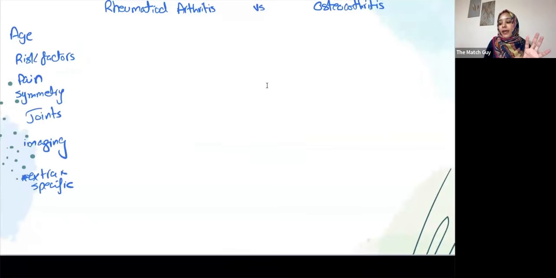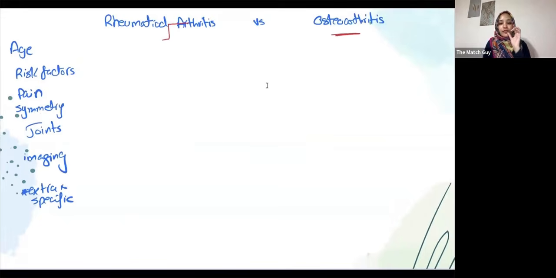So let's start by comparing rheumatoid arthritis versus osteoarthritis. Okay? Can anyone tell me, age-wise, what kind of age would we assume for someone who has osteoarthritis? What's the age that we would see for someone older? Very good, Carolina. Yes.